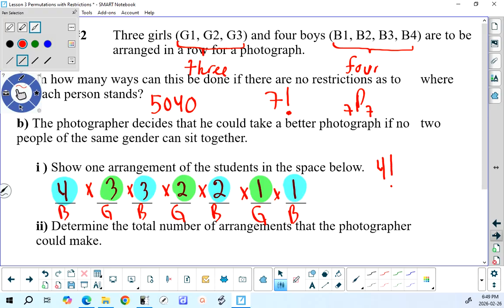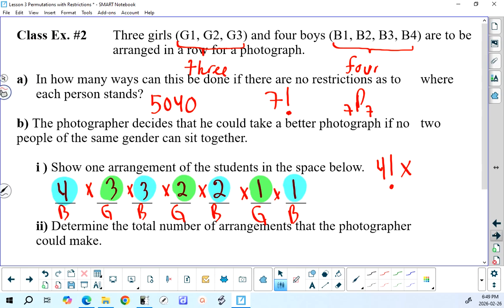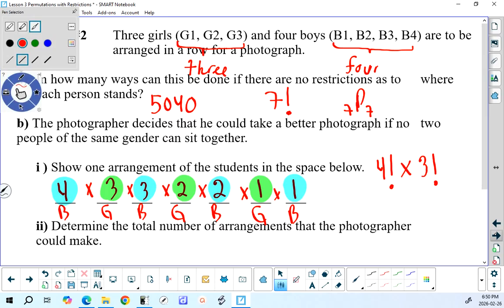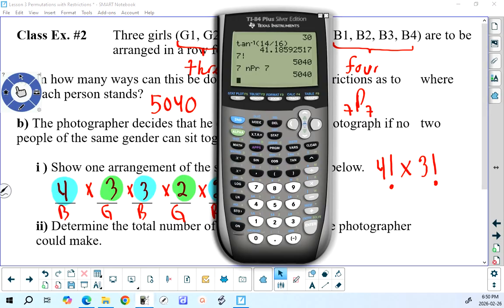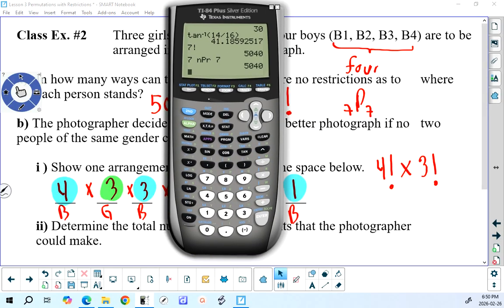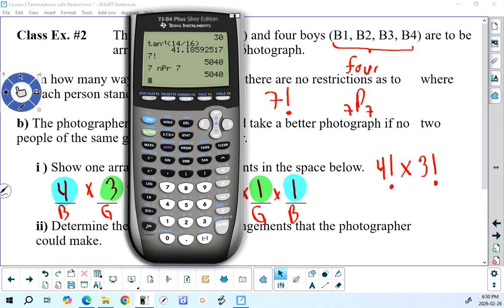That's 4 factorial. And, fundamental counting principle, and means times, I have to arrange the 3 girls in those 3 other seats. There's almost always multiple ways to think of these problems. And if I take 4 factorial, which by the way is 24, and I multiply that by 3 factorial, which is 6, I get 144.